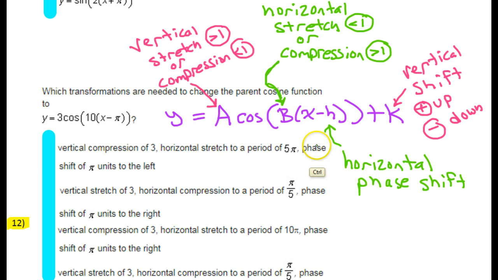But again, it's going to be the opposite of what you would normally think. It's going to be left whenever the number is positive, and it's going to be to the right whenever the number is negative. All right, so that's the background information we need to be able to answer this question.